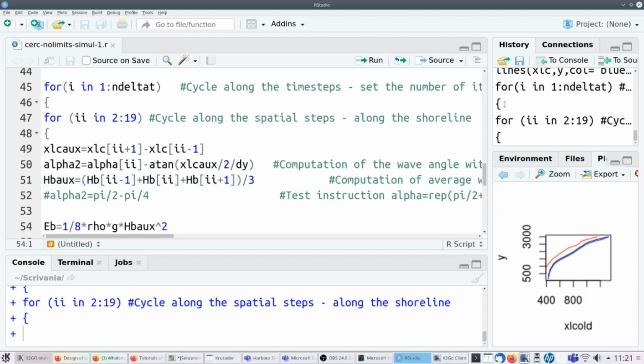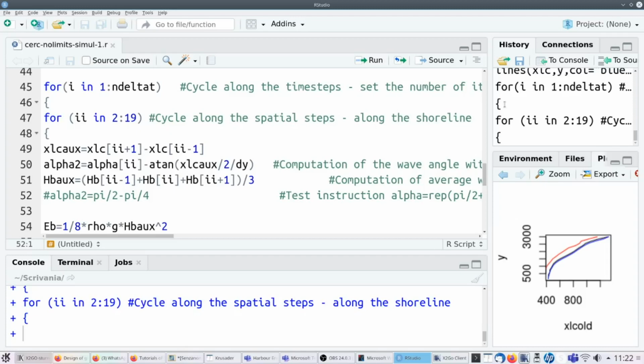Now, here there is a test instruction, which we are not considering, and it's a test that I put there in order to check the value. I wanted to put a fixed value of alpha 2 in order to check whether the sediment transport rate, once it is computed, takes a meaningful value.